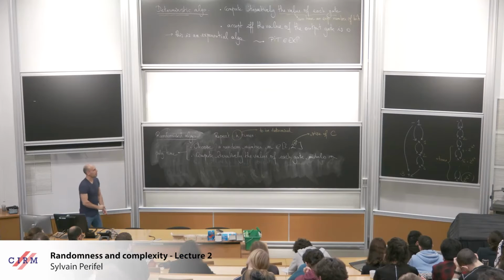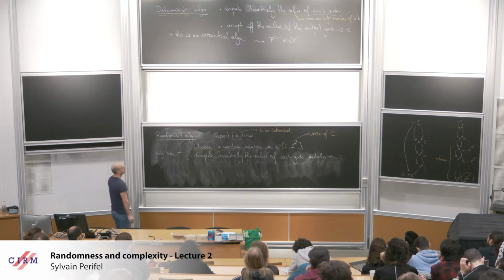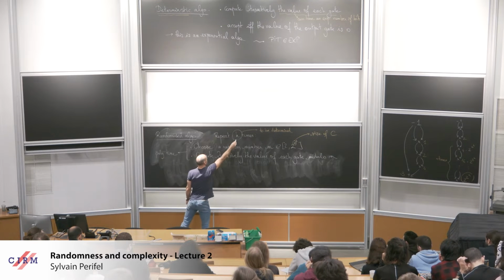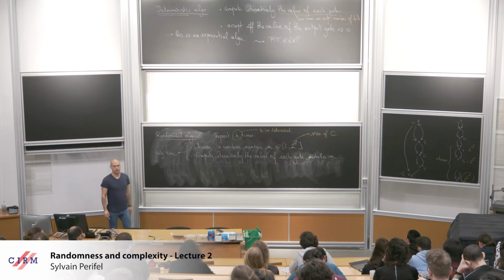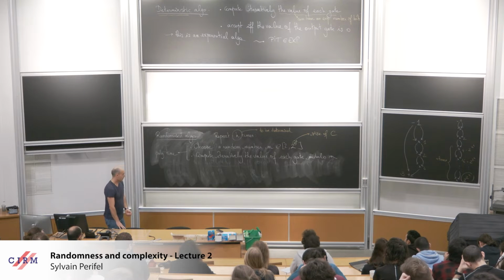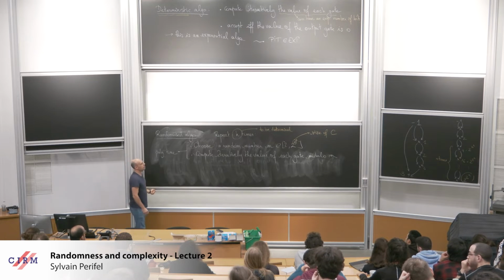This is not exponential anymore. So far so good. Now we also have to understand what k is, but first we'll try to understand why this is enough. Is this algorithm clear for the moment?